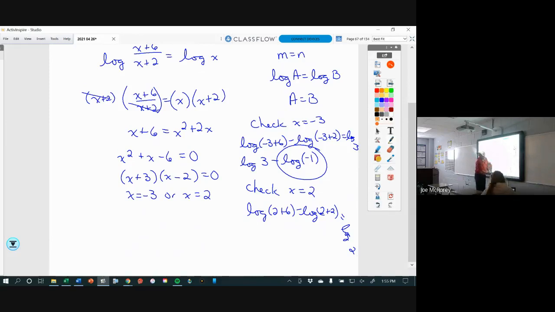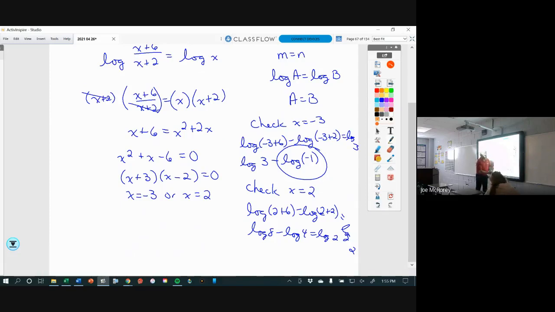This is log of 8 minus log of 4 equals log of 2. This would be log of 8 divided by 4, and 8 divided by 4 is 2. Log of 2 equals log of 2.